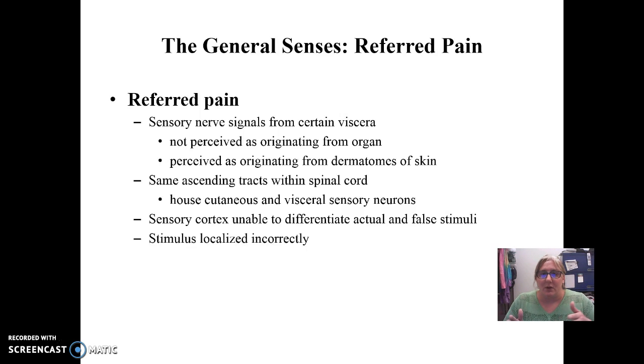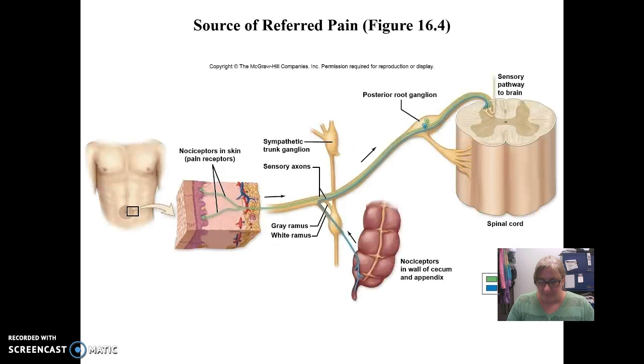But they're both located within that same nerve, because there's lots of neurons in a nerve. And so the information gets kind of mixed up. And so the pain, which should be moving to one area, ends up being relocalized in a different area. And so this is an example of referred pain.